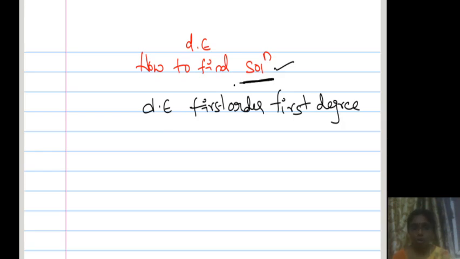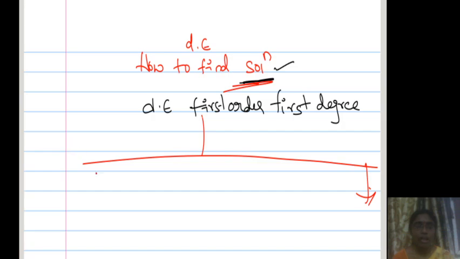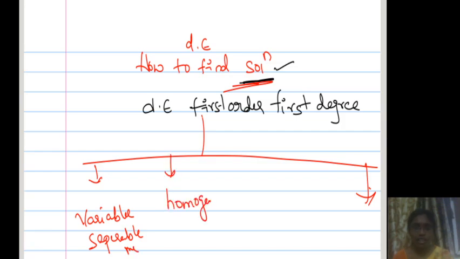First of all, I will tell you how many methods we discussed to find the solution. We already discussed 4 methods, so I think you remember. Tell me, the first method is the variables separable method. The next is the homogeneous method, for a homogeneous differential equation.